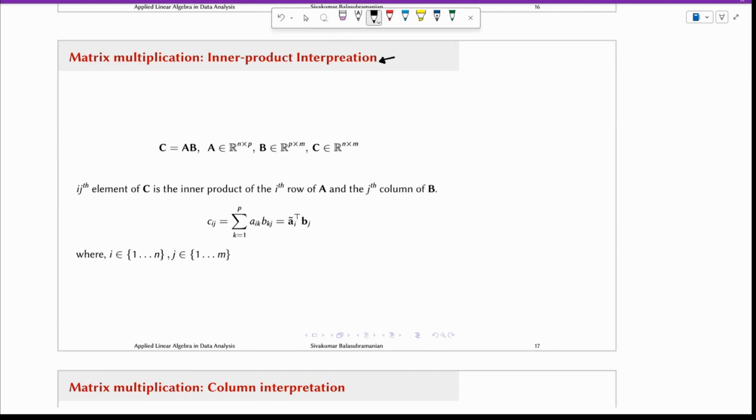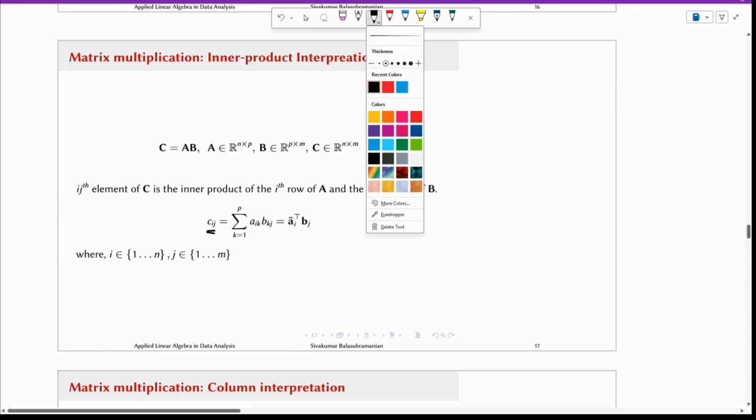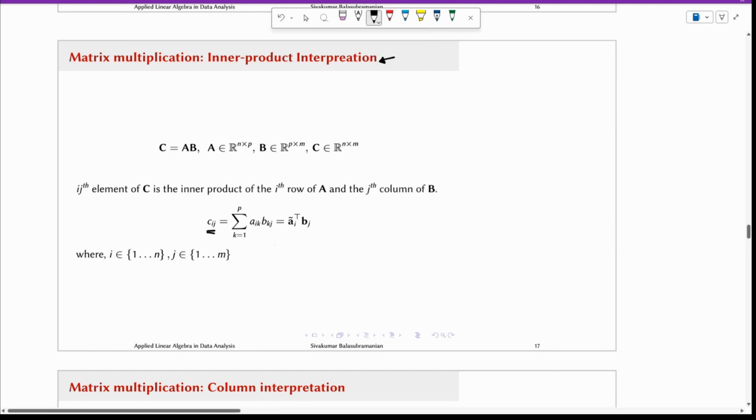The inner product view of matrix multiplication will allow you to compute individual elements of the matrix C. That means if you view matrix multiplication as an inner product operation, you can compute the ijth element of the matrix C, C_ij, as simply the inner product of the ith row of A and the jth column of B. That is all you have to remember.